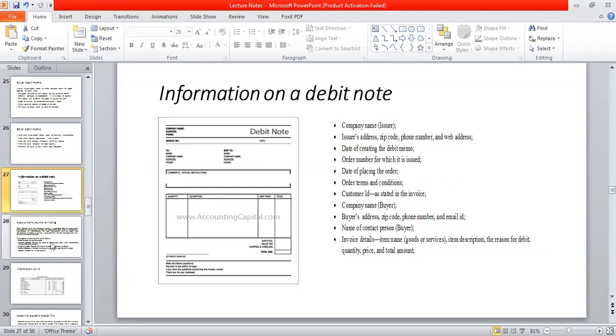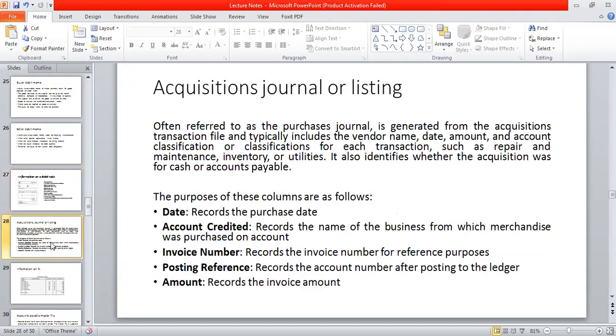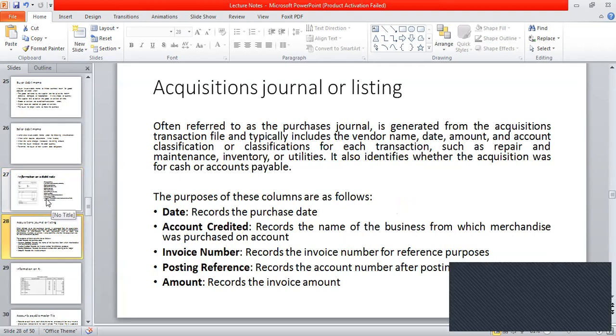So it is important to check for any risks within the debit memo.